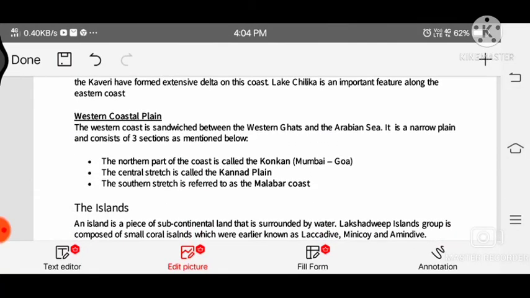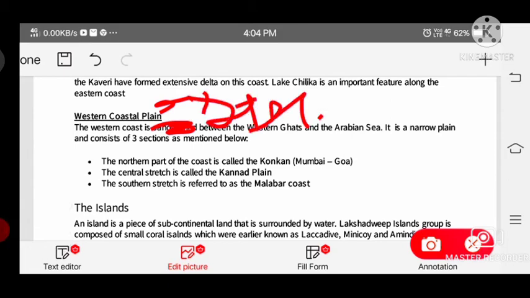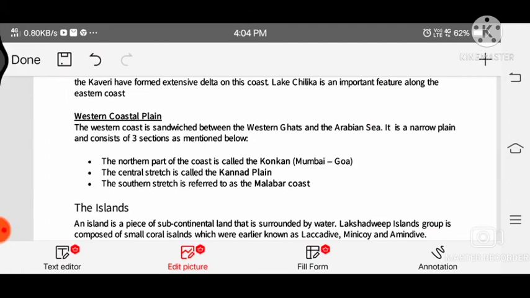So now we talk about the western coastal plains. Here is a printing mistake also. The western coast is stretched between the Western Ghats and the Arabian Sea.